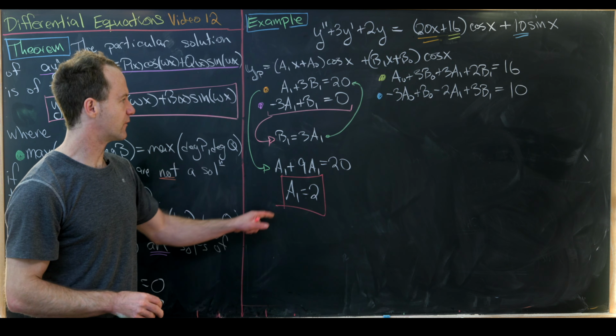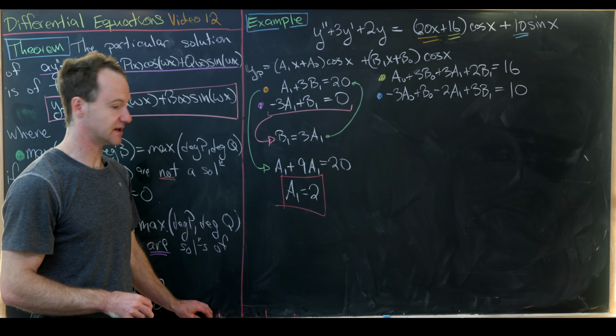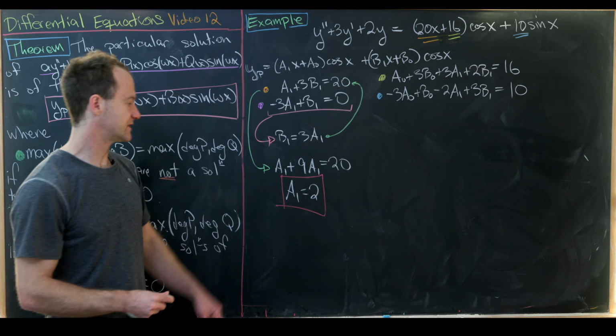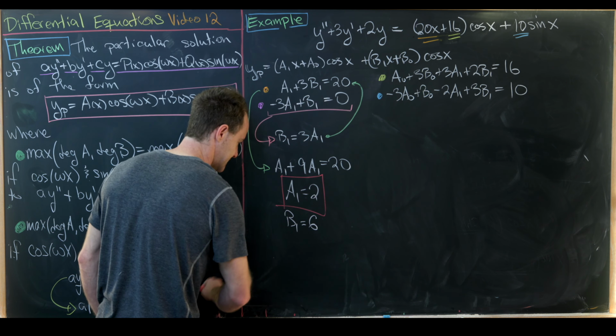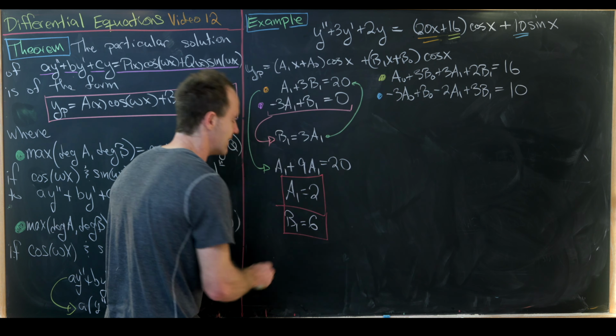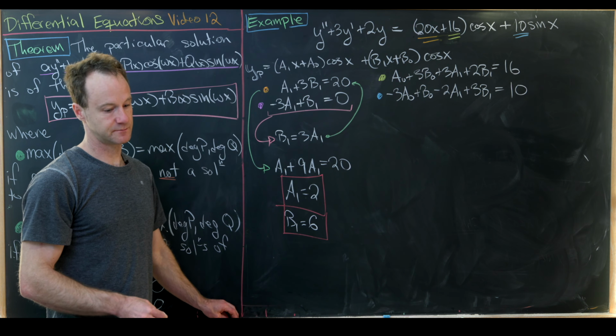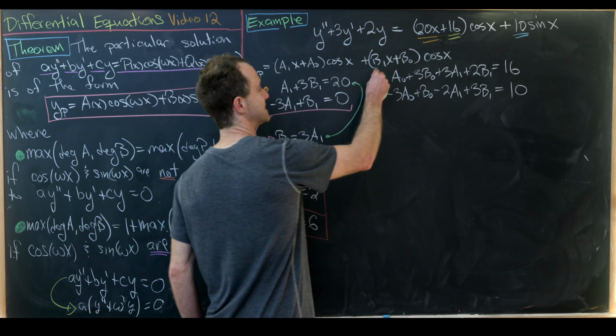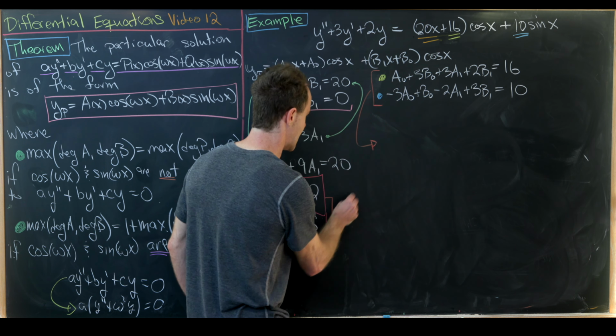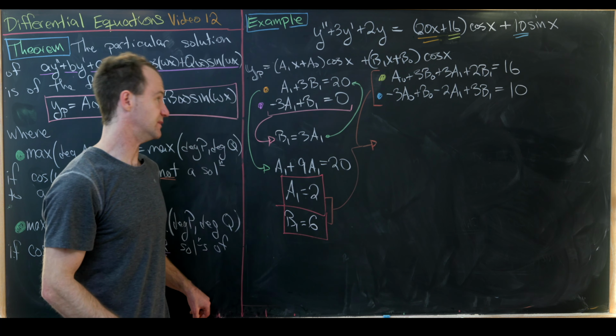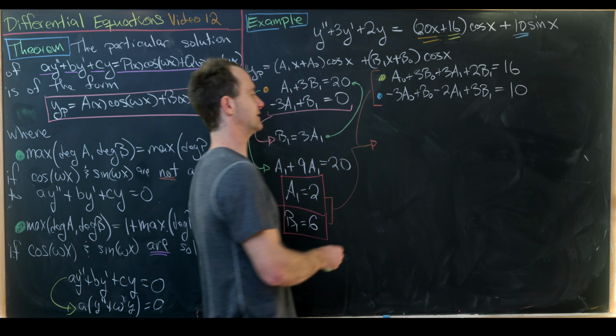Now let's see what we get for b1 based off of this. Oh, but look, b1 is 3 times a1, so that means b1 is the number 6. So immediately we have a1 and b1. But now we can transform these second two equations using these values for a1 and b1. So let's see what that'll leave us with.